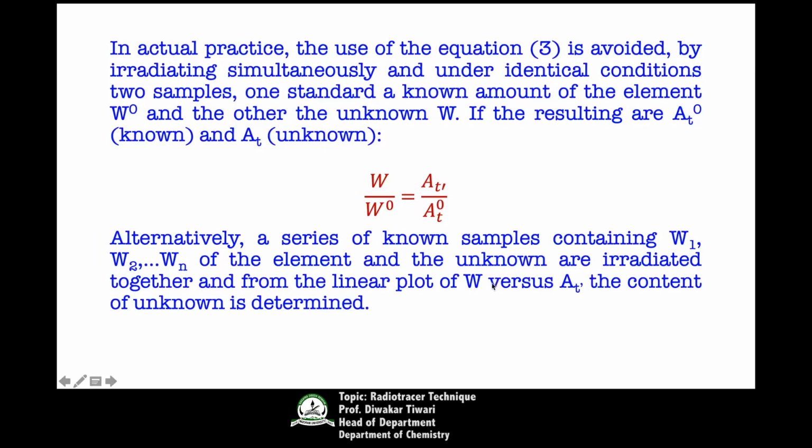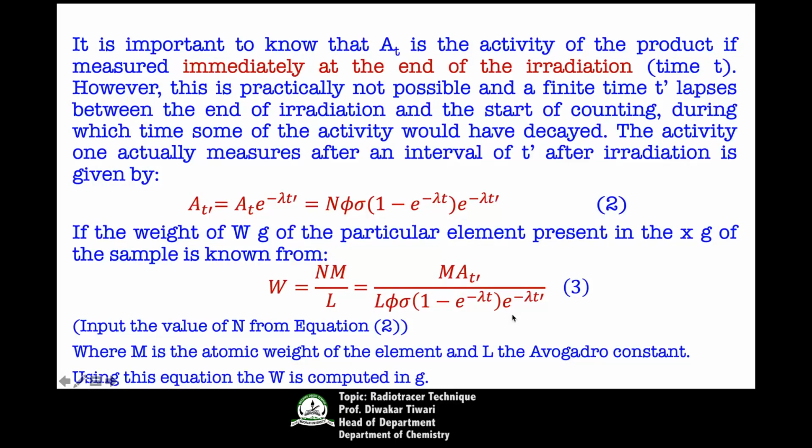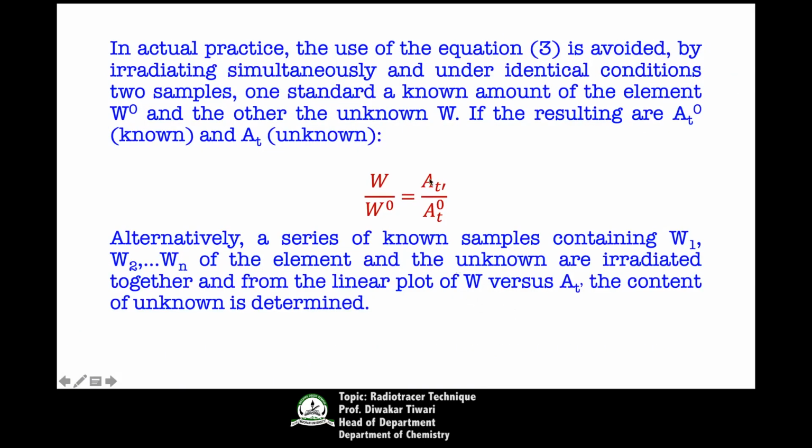So with the help of this, instead of using this complicated equation, what we used to do is take a standard having a known amount of the element, W0, and the other unknown, say W. Since W is directly proportional to At dash, W by W0 is equal to At dash by At0, where At0 is the total radioactivity for the same period of irradiation, and the lapse of the time is also the same.